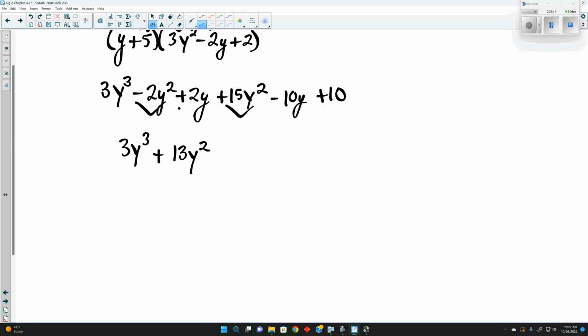Then we have our positive 2y and negative 10y, which would be negative 8y. And lastly, we have plus 10.